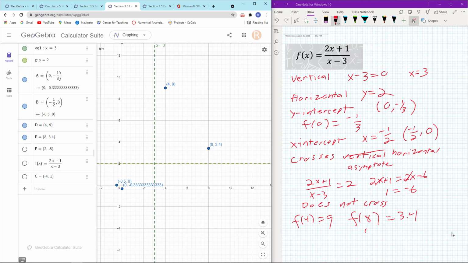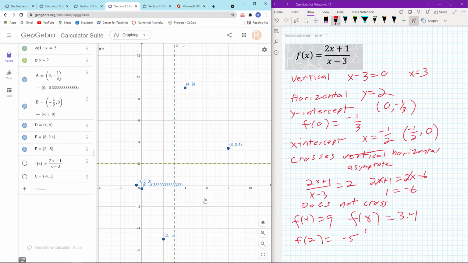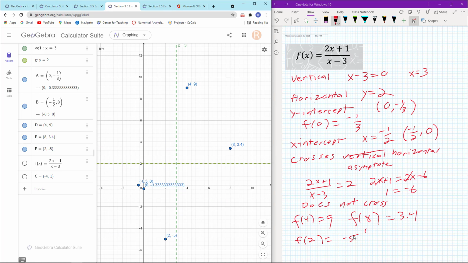If you evaluate the function at 2, you will get -5. So (2, -5) is that point down here. And if you evaluate this function at -4, the output will be 1.